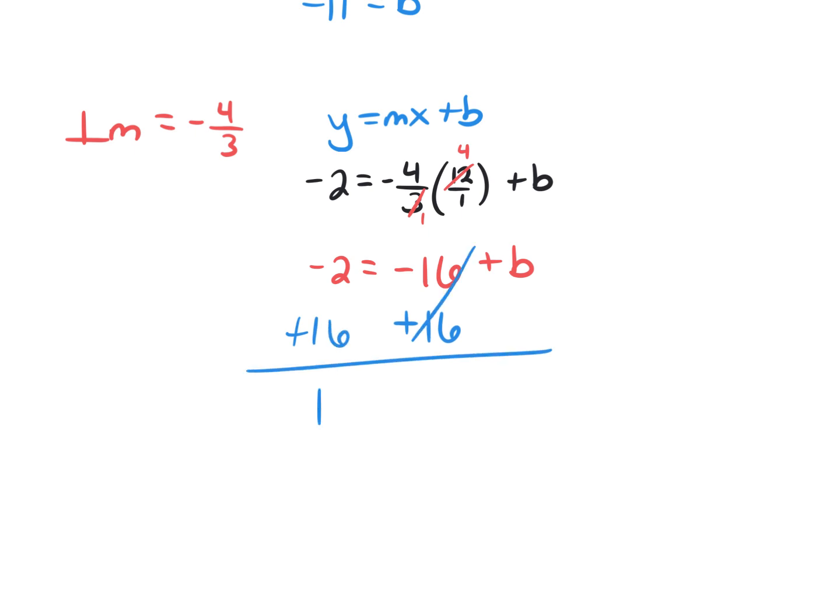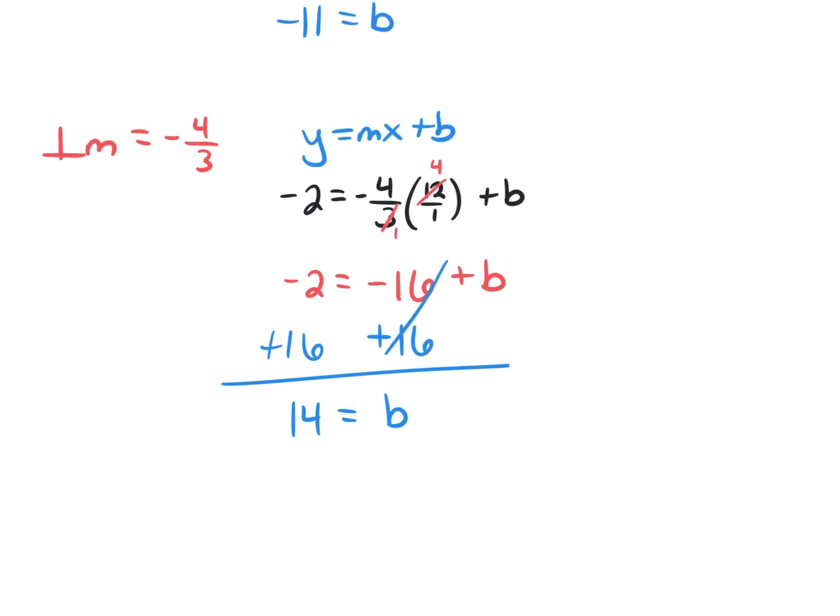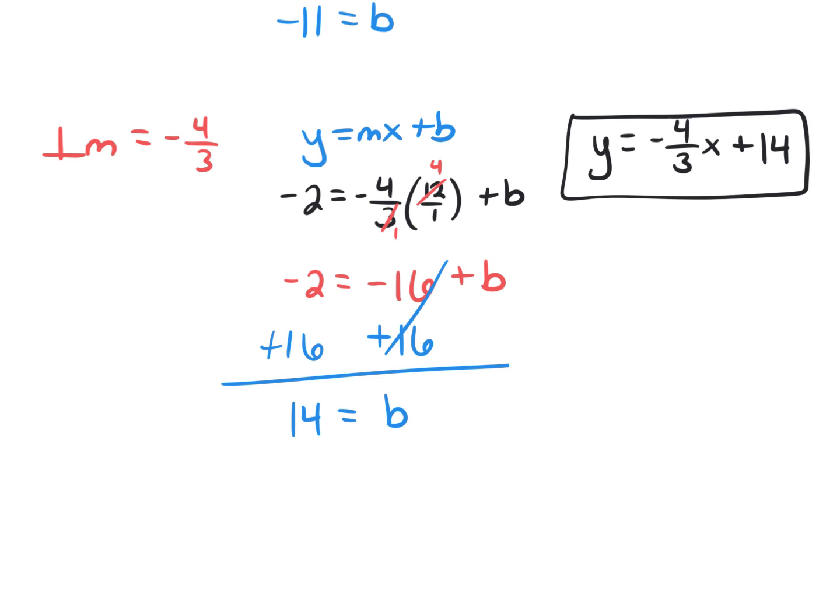So we get 14 equals b. Is that my answer? Nope. Want to write the equation. What would my equation be? Yep. It'd be plus 14. Yep. Good job. All right.